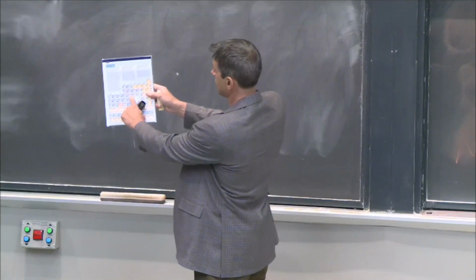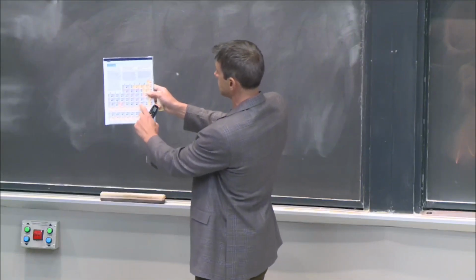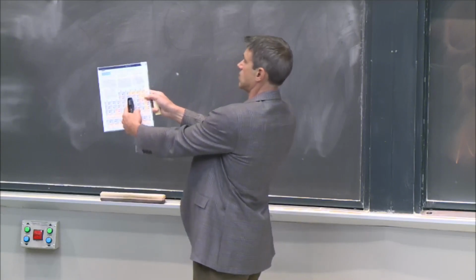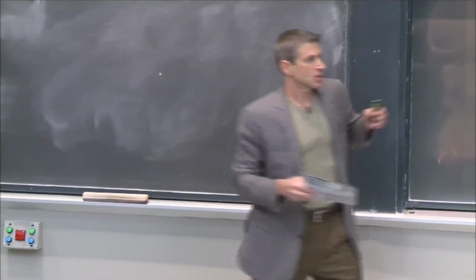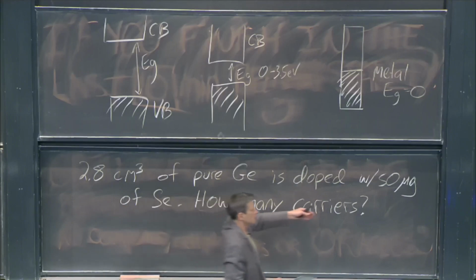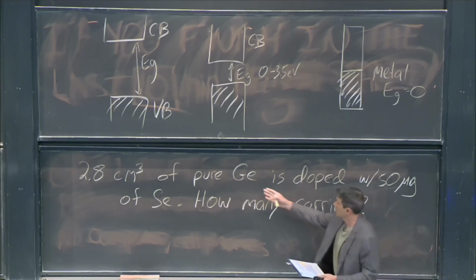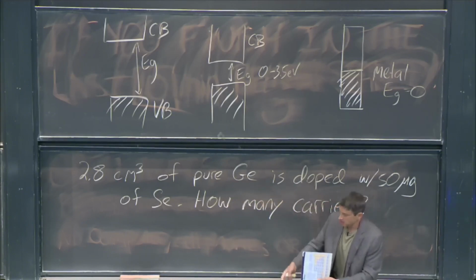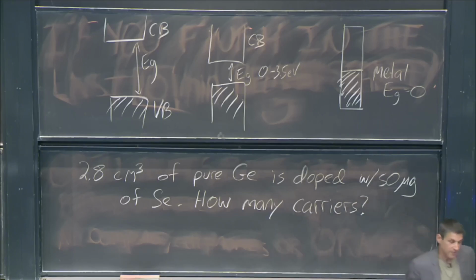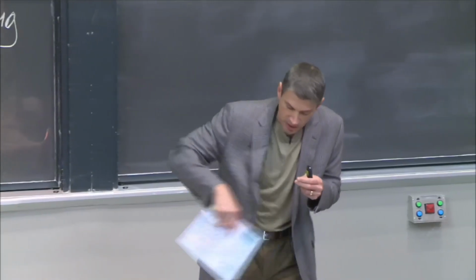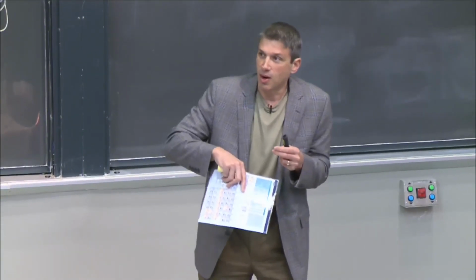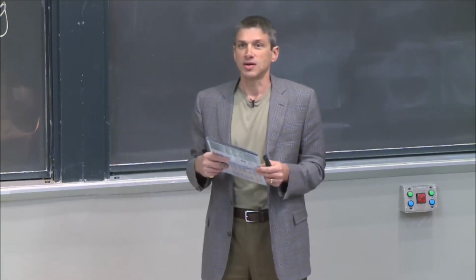Germanium is there, and now it's doped with selenium. Is selenium to the right or to the left in the period? It's to the right. So right away, if you take your germanium atom and put a selenium atom in, as a dopant it's going to be in the bonding network that germanium was in, but add electrons if it's to the right.